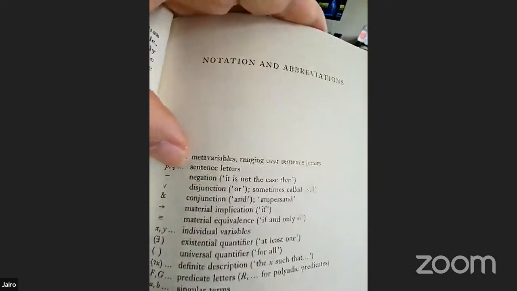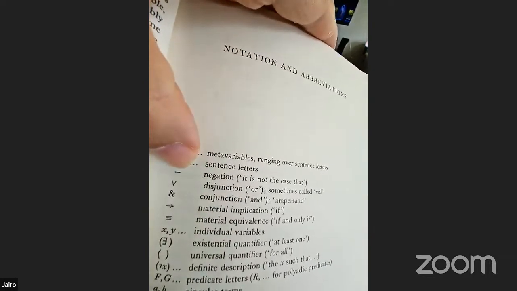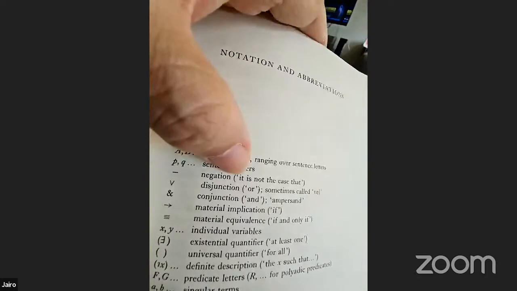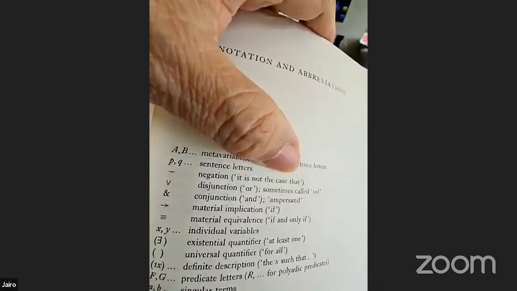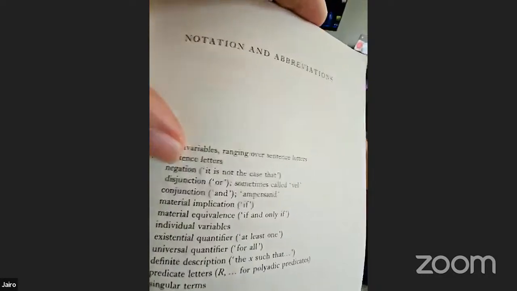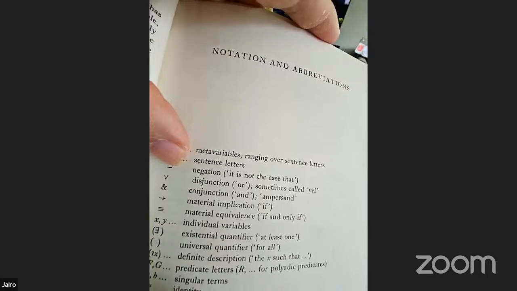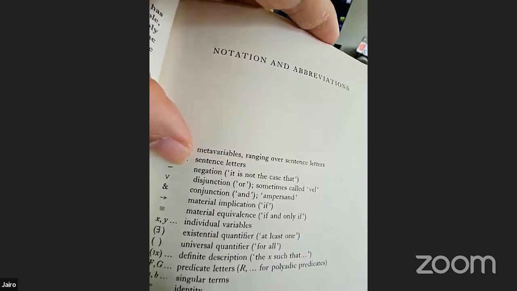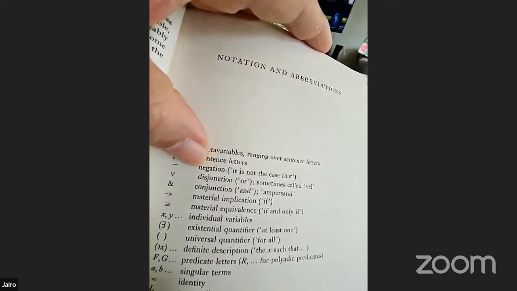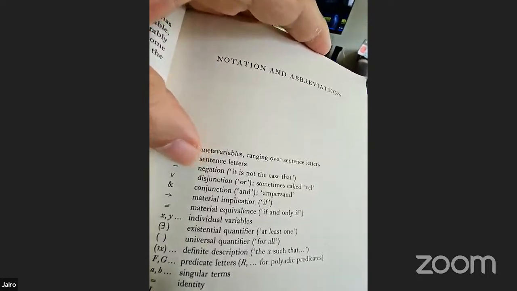Now, let's consider this symbol, negation. That means it is not the case that blah, blah, blah. Well, in mathematics, there's a negation that makes a positive number negative. So it flips it over to the other side of the number line. This is maybe kind of like that, but not quite.